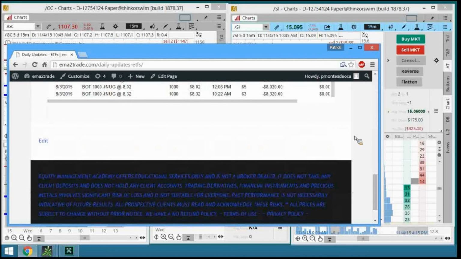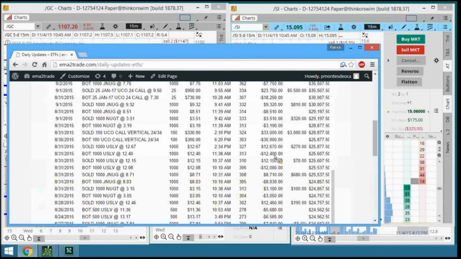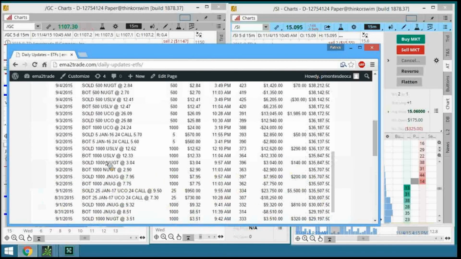And if you have a chance, you can review the trades. They have time and sales, reference numbers. This is a real account.